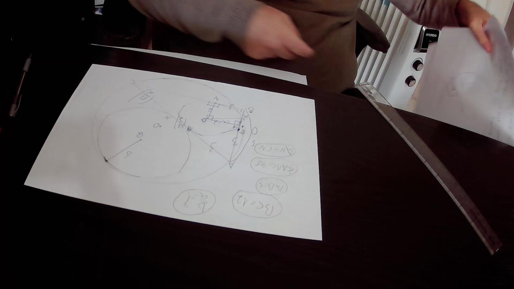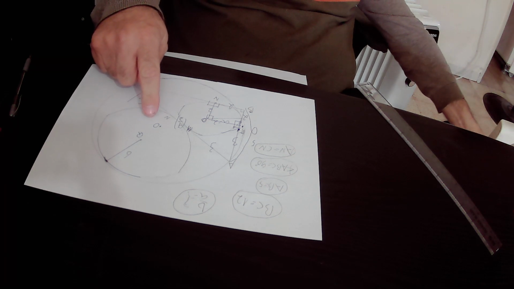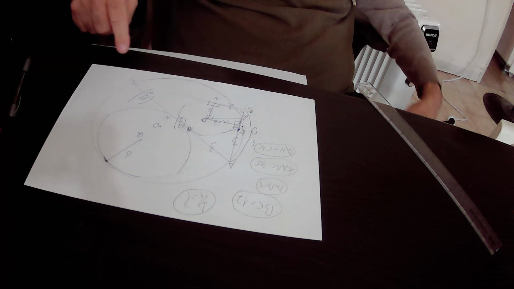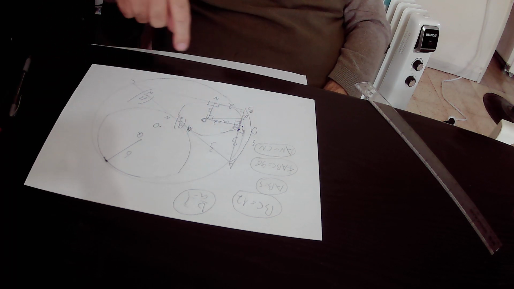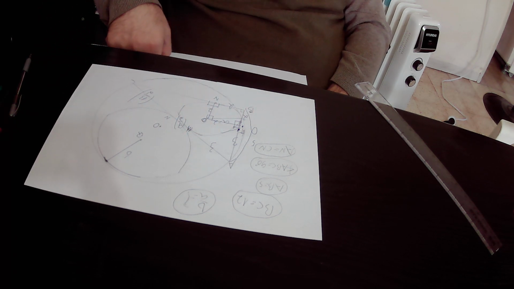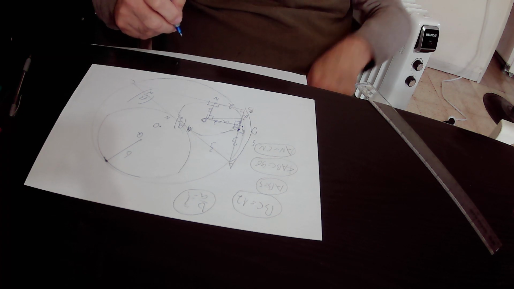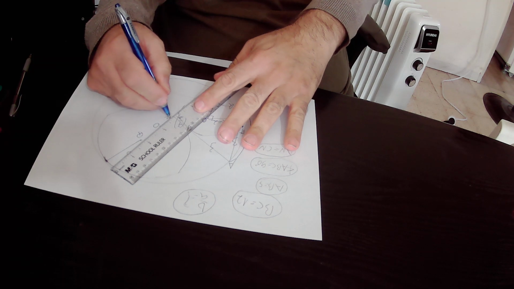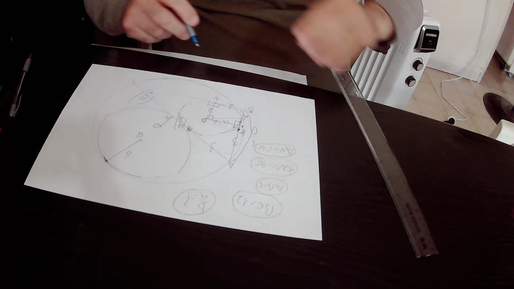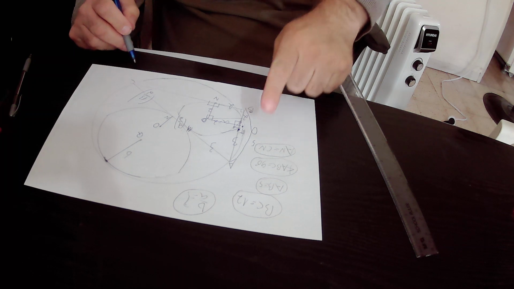The center of the biggest circle is here at point O. AC is a chord inside the biggest circle. So from point O, we draw line segment ON. This line segment ON bisects chord AC. Why?